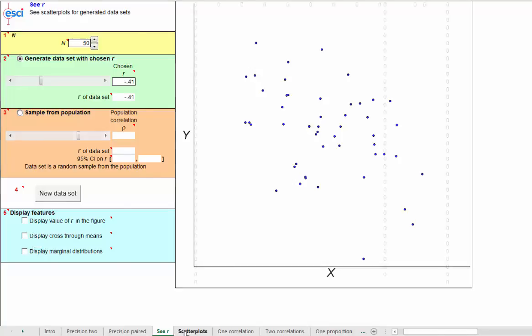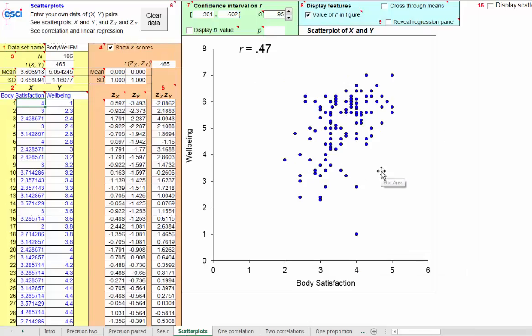Now I'd like to go back to scatter plots and look at our data set here and illustrate one more point. Here we've got a correlation of 0.47, so moderately positive. If you like, you can eyeball a line and think about tightness to that line. Now I'm talking about tightness to the line, not slope of the line, because when we've got original units measurements here, as we have with well-being and body satisfaction, then the slope of the line we can change very easily just by changing the scale.